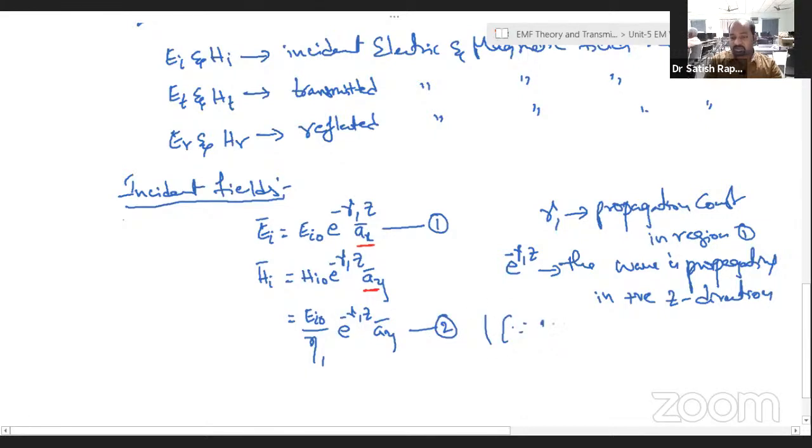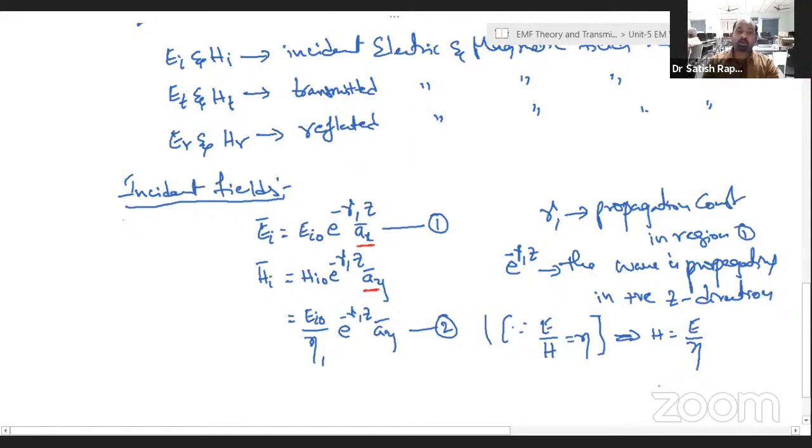Since E by H is equal to eta, this is the relationship between electric field and magnetic field. So what is E by H? E by H is equal to eta. Therefore, H is equal to E by eta 1.